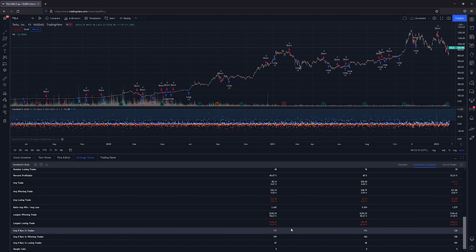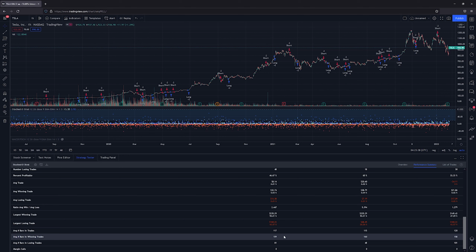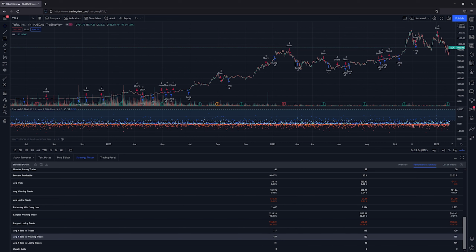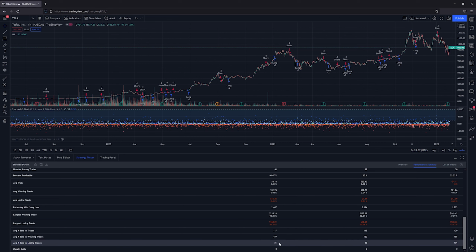But these average bars are another good thing to note. And so mainly on the winning versus the losing. And so what you can do sometimes, though, if your strategy might really make its money on letting the winners run, and so you might not want to kind of cut the trading bars short. But if you noticed that, let's say, most of your winning trades averaged below your losing trades.